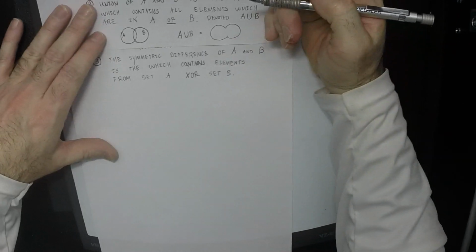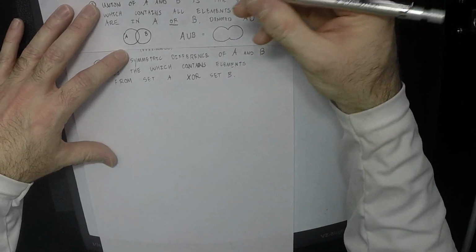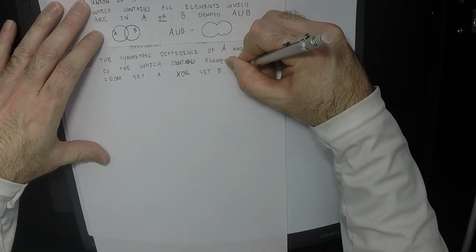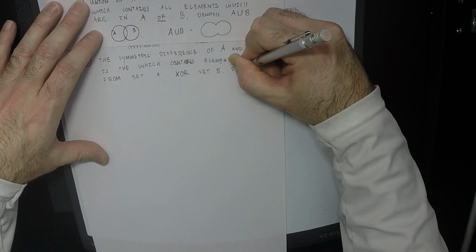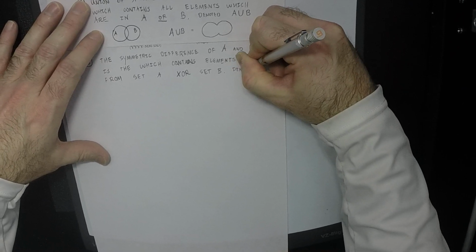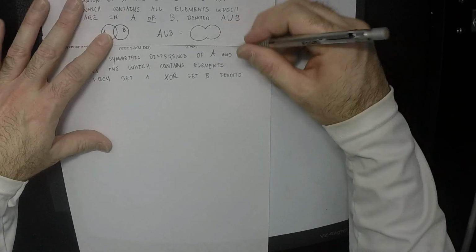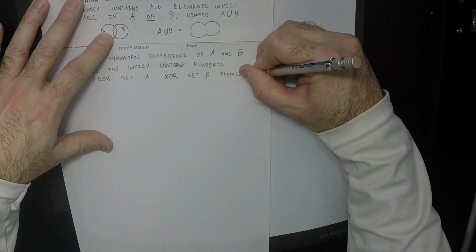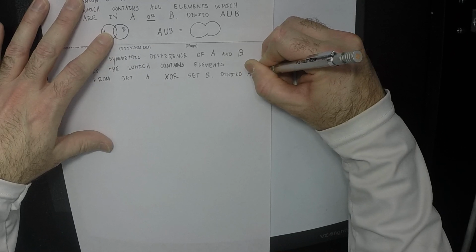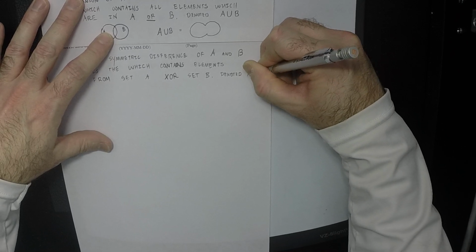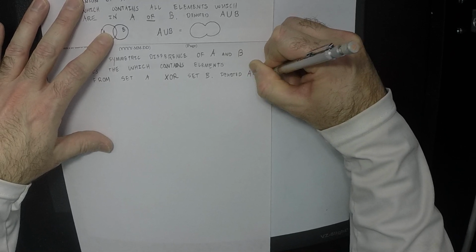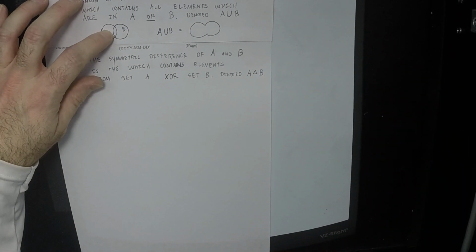The notation for exclusive OR is not quite as uniform as intersection and union. We'll denote it in this way. A, and then delta is probably good, B. D for difference.